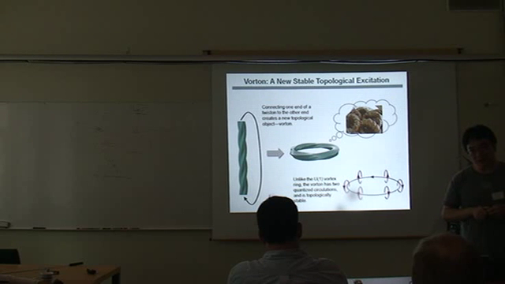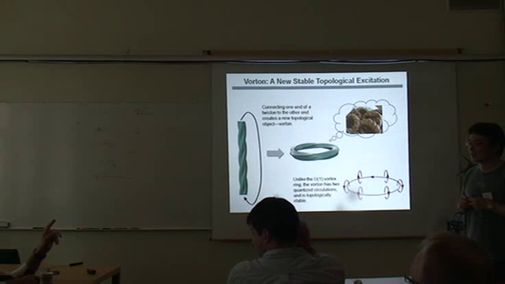If that happens, then the topological object becomes unstable. But that doesn't happen in this case. Why does it in this case?